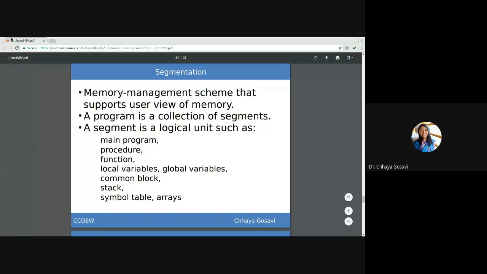Some parts may be the code segment, address segment, or data segment, your implementation part, or class definitions, variable initialization. So it is a logical division of the process. Segmentation is a memory management scheme. It is also non-contiguous.